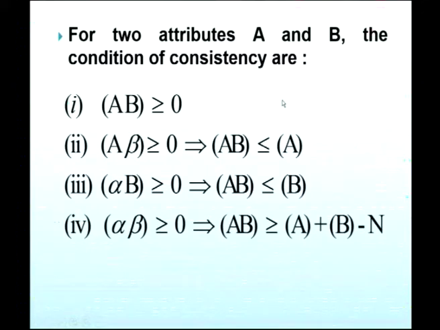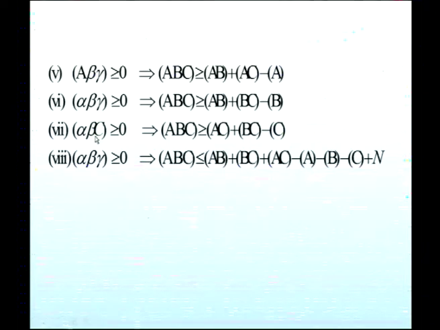Similarly, 2 says A beta is greater than or equal to 0, which implies AB is less than or equal to A, and 2 you relate with 7. 7 is alpha beta C is greater than or equal to 0.